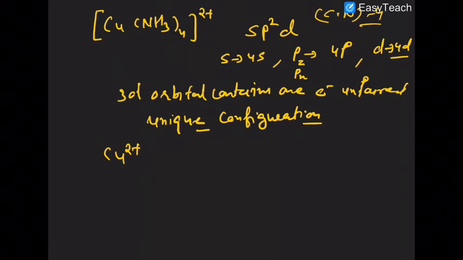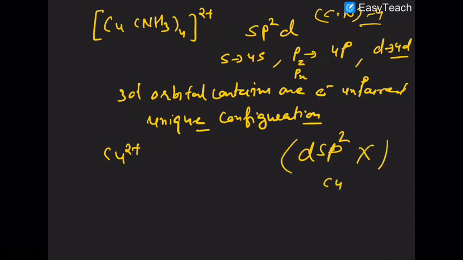So the geometry of dsp2 is ruled out due to the non-oxidation of copper 2 plus to copper 3 plus. So copper 2 plus is a stable species and it also forms square planar complexes. That complex has sp2d hybridization rather than dsp2. I am repeating once more: dsp2 is not possible in the case of copper 2 plus.